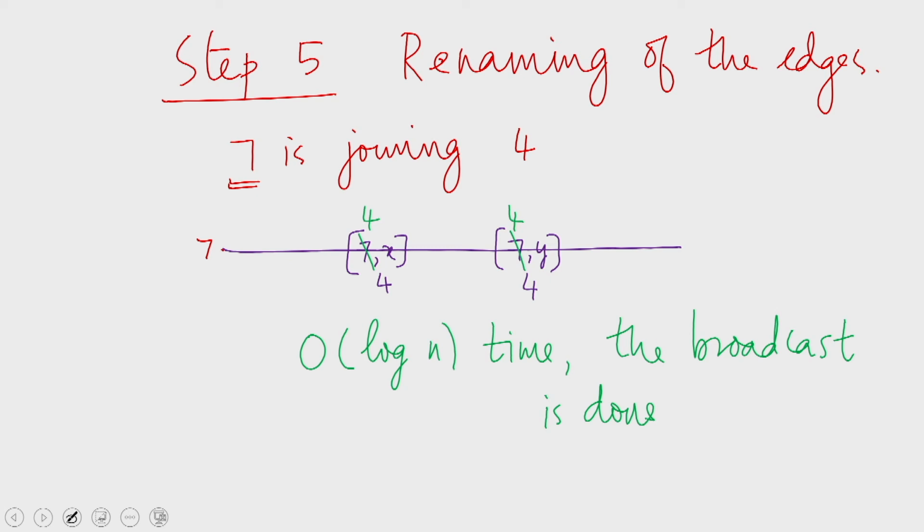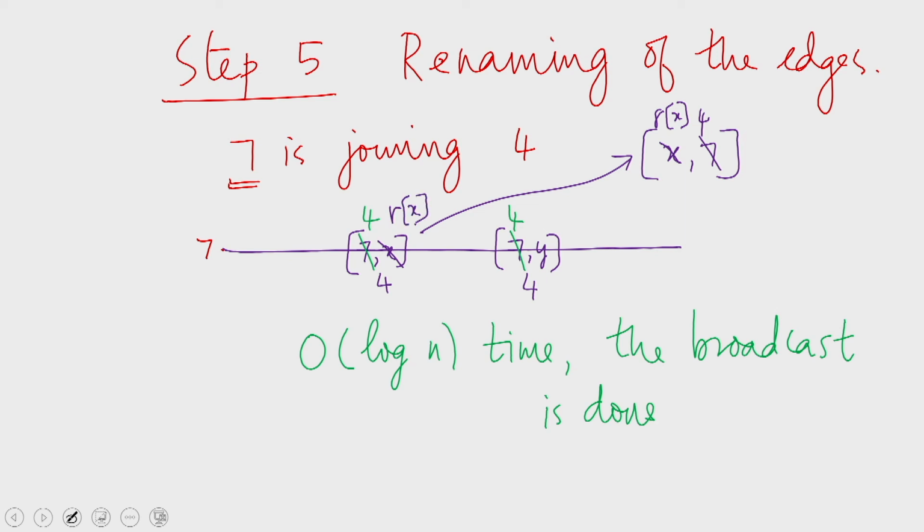Now, it can go to its twin, which is x 7, and change 7 to 4 here too. By that time, this x would have been replaced by r of x by the processor that is sitting at x. That processor would at this point be crossing over and coming here to change this x to r of x.